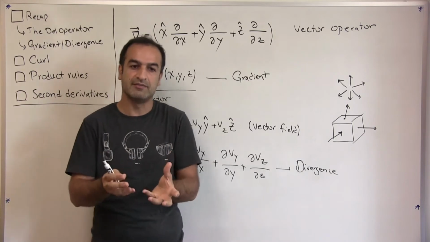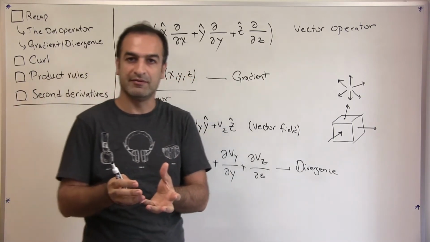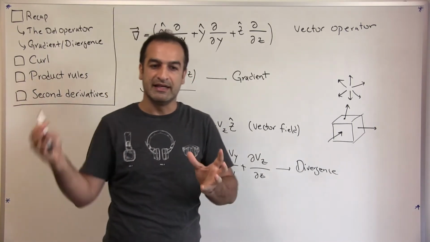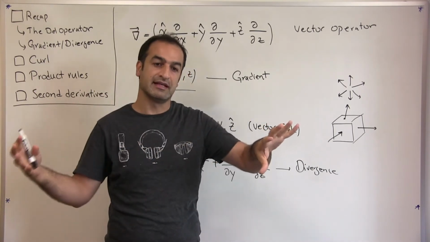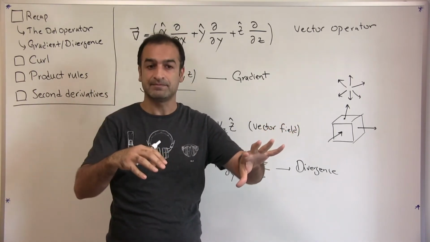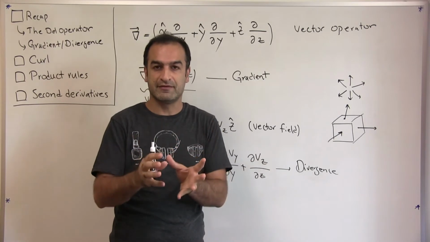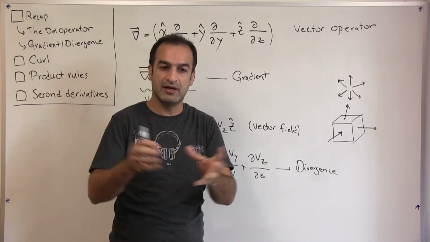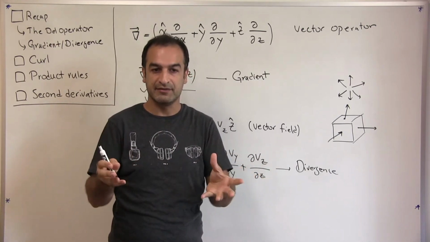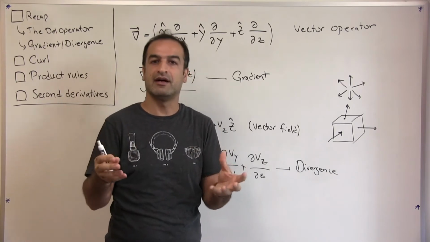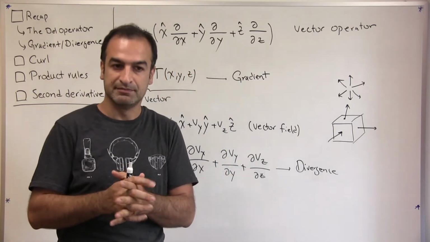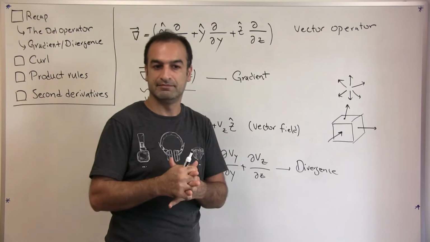Because water is not compressible in a river, the amount going out is always exactly the same as the amount coming in. So the vector field that defines the speed of water in a river does not have any divergence. That's another example. Make sense?